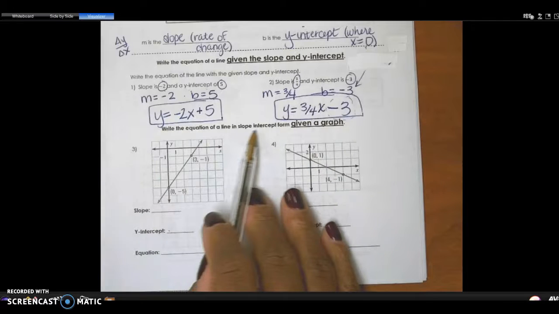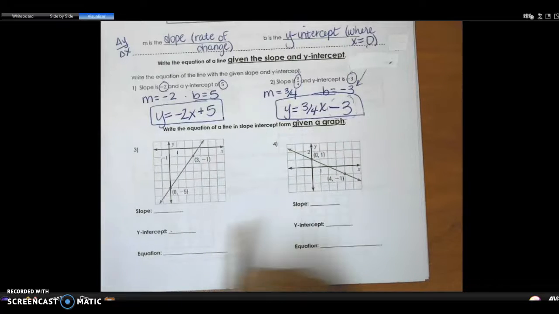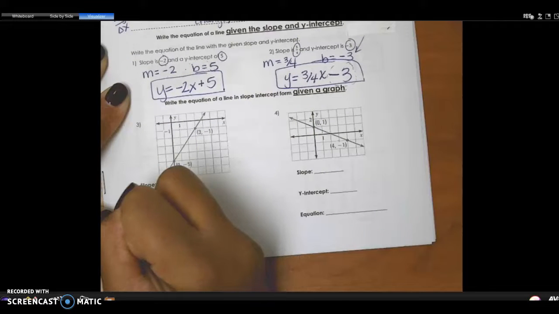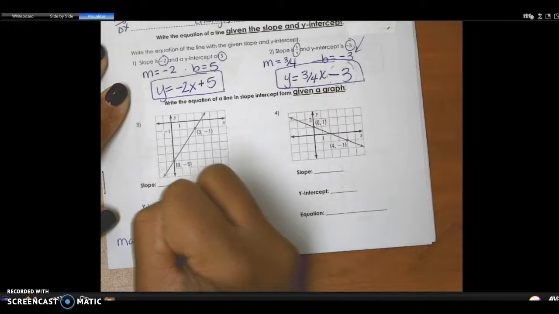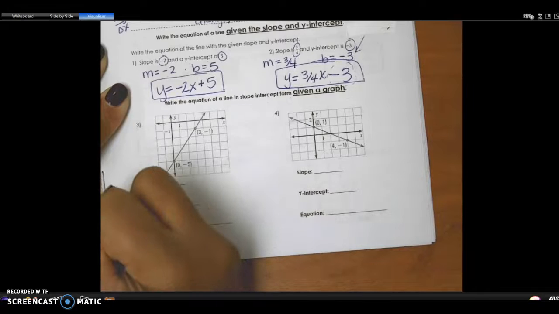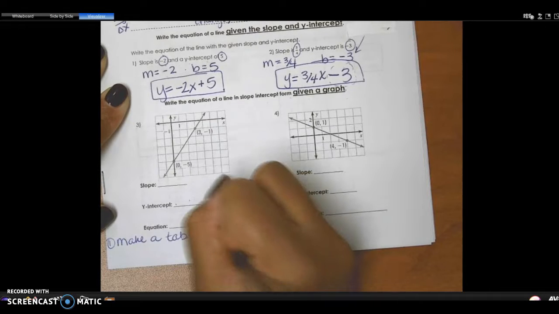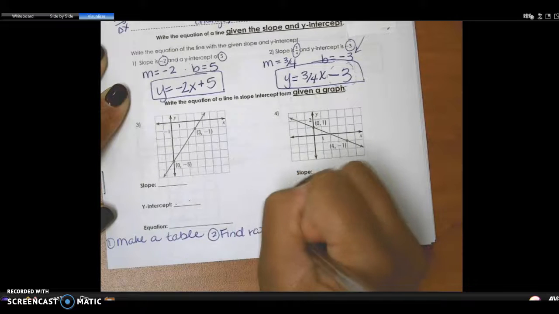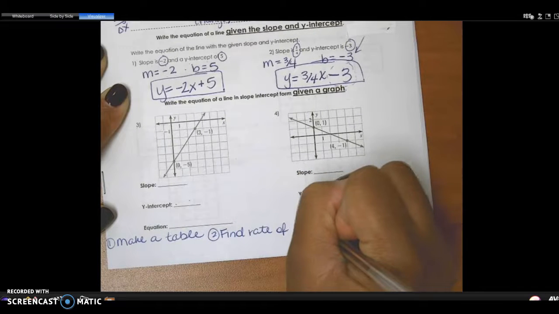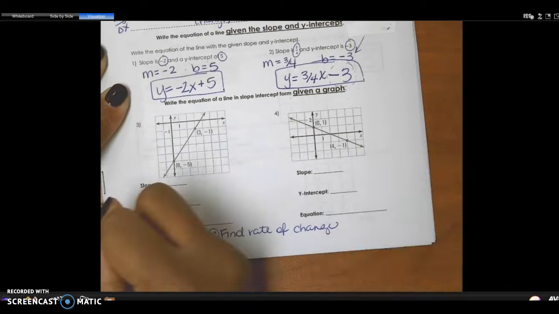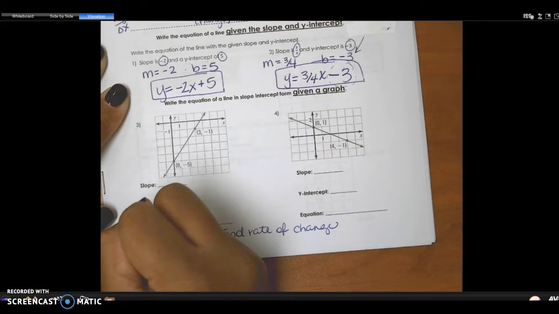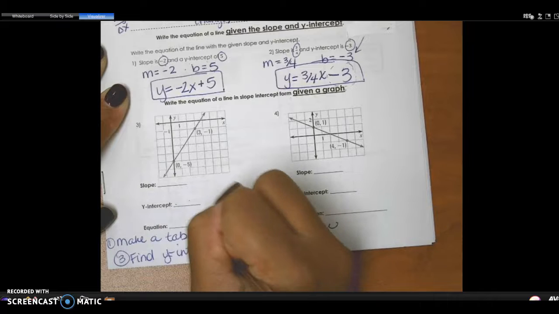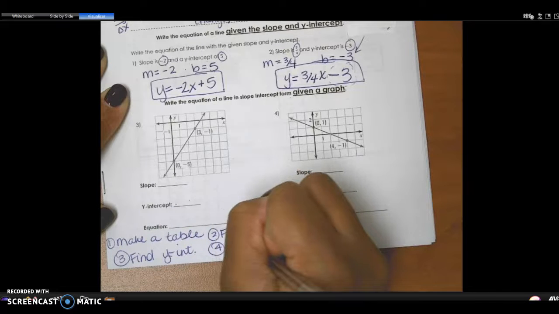Write the equation of a line in slope-intercept form given a graph. Here, I need to make a table. Then I need to find my rate of change. Then I need to find my y-intercept. Then I can finally write my equation.